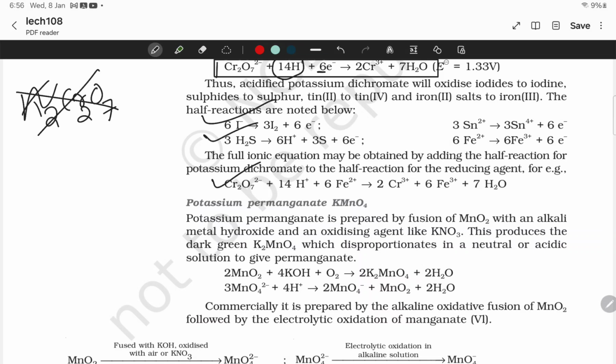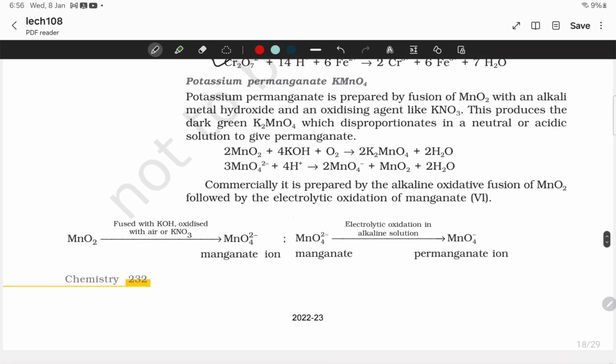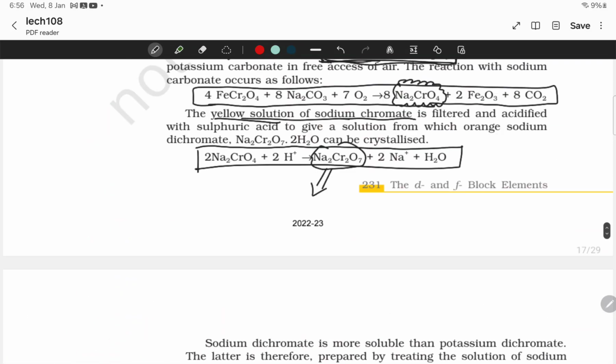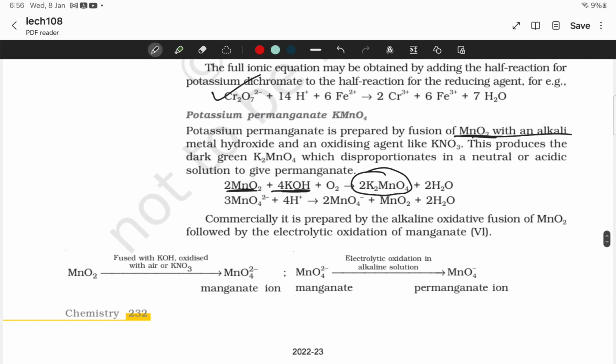Please check it. Now potassium permanganate is prepared by the fusion of MnO2 with an alkali. So take MnO2, add alkali to it, you get K2MnO4, not Na2CrO4 here. Here we get K2MnO4, that is manganate ion, manganate.